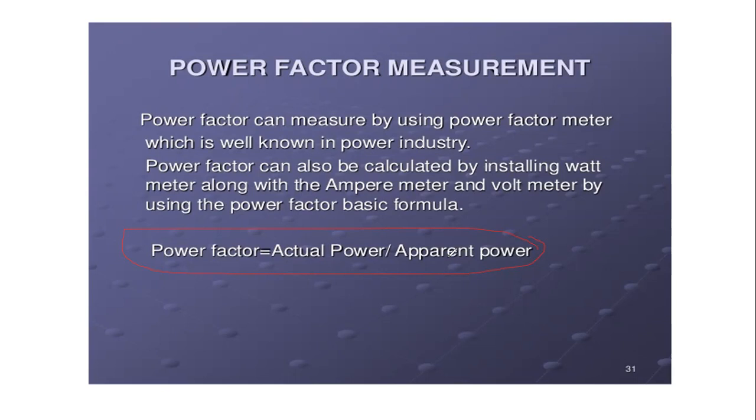Therefore, the formula for the power factor is the ratio of actual power to apparent power, and by using this formula we calculate the power factor.